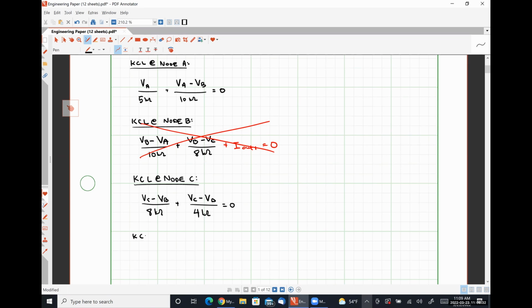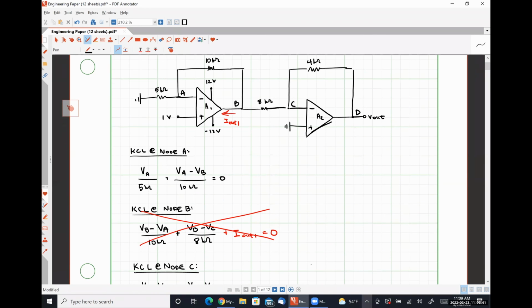And then when we try to apply KCL at node D, we wind up running into the exact same problem as we saw previously, right? We'll have VD minus VC over 4 kilo ohms plus this current I out 2, whatever it happens to be, is equal to 0.